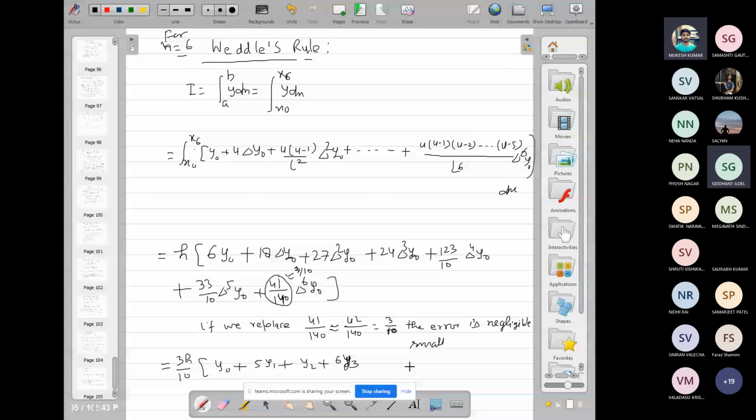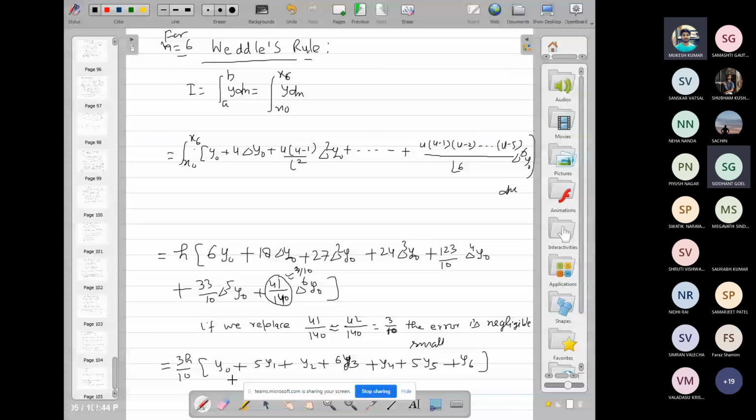Actually, in solving a question, n must be a multiple of 6. So here if we consider n equal to 6, then this is the formula. If we consider n equal to 12, then we need to consider one more formula, which we can obtain by replacing y0 by y6: y6 plus 5y7 plus y8 plus 6y9 plus y10 plus 5y11 plus y12.